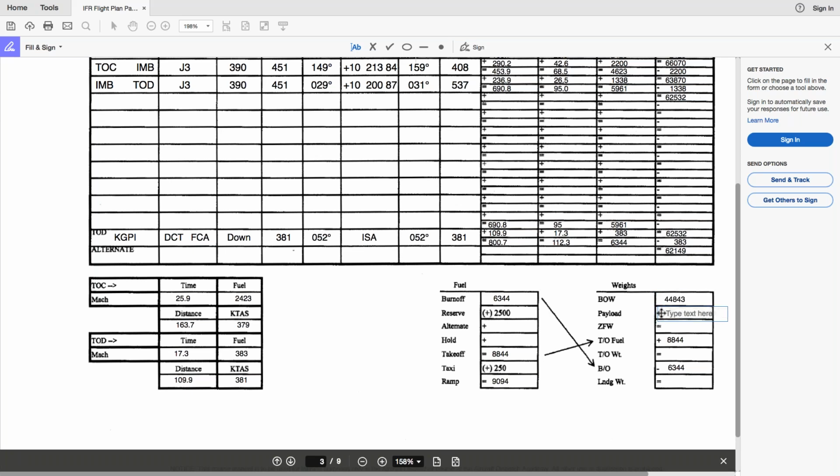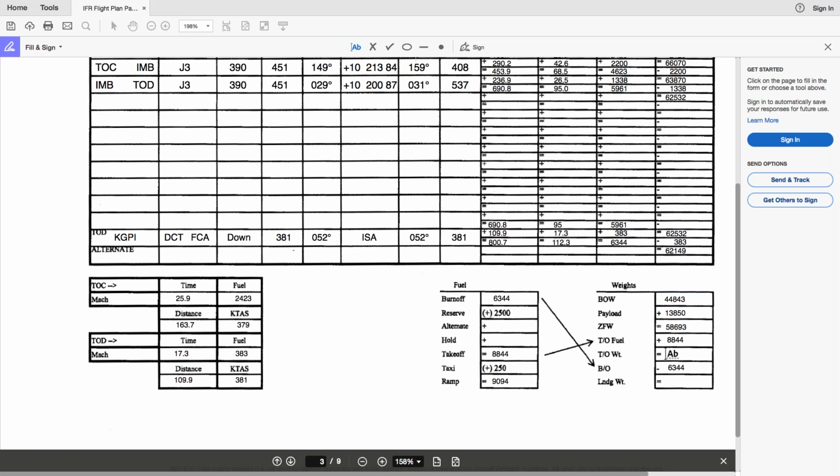Payload, passengers and bags, what did that come to? 58,693. That's our zero fuel line. Yes. Oh, got it. My bad.